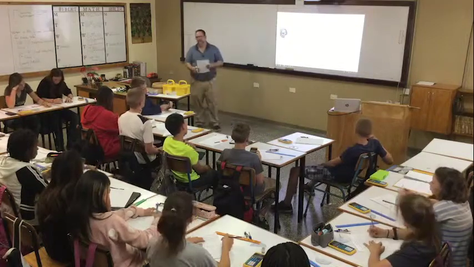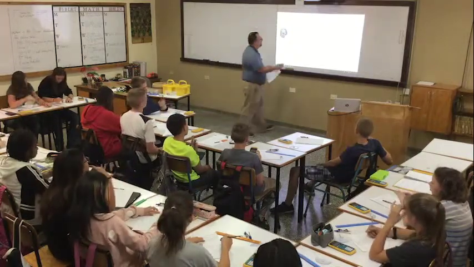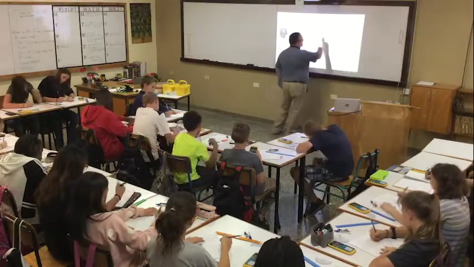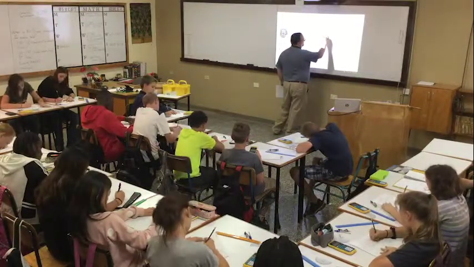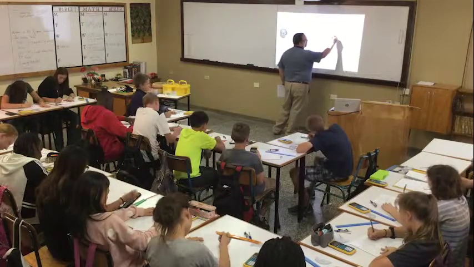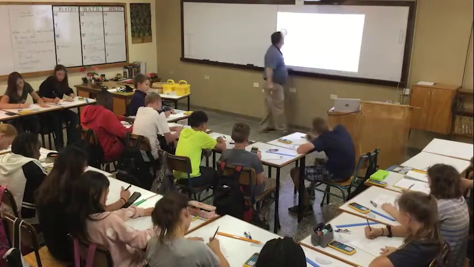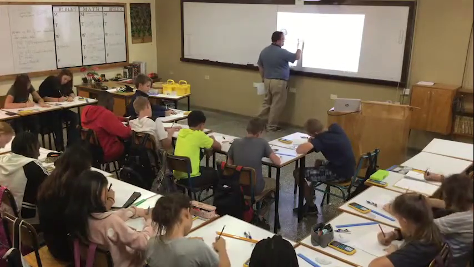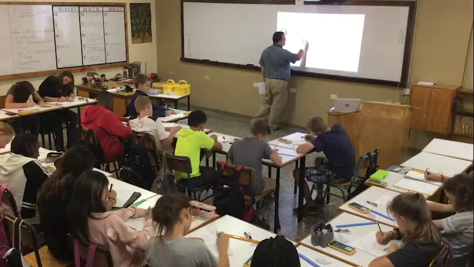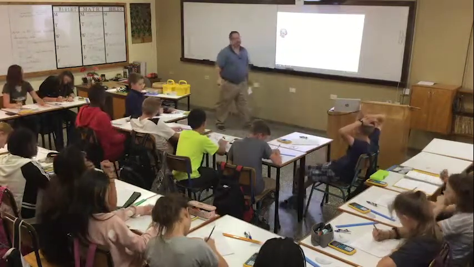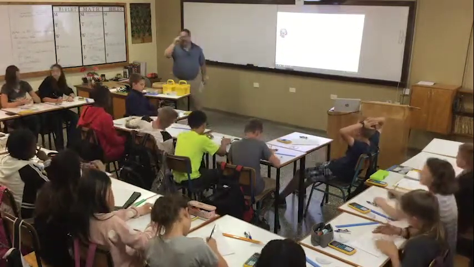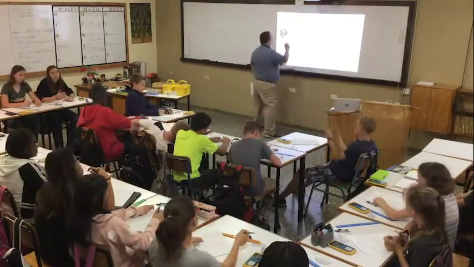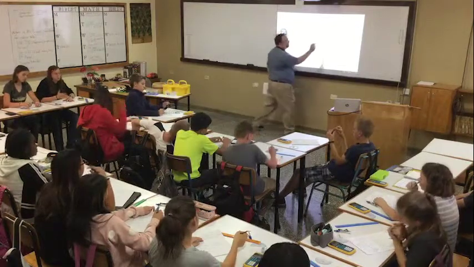Okay? A segment bisector is a line, a segment, or a ray that goes through the midpoint of a segment. So here would be a sketch of what that would look like.